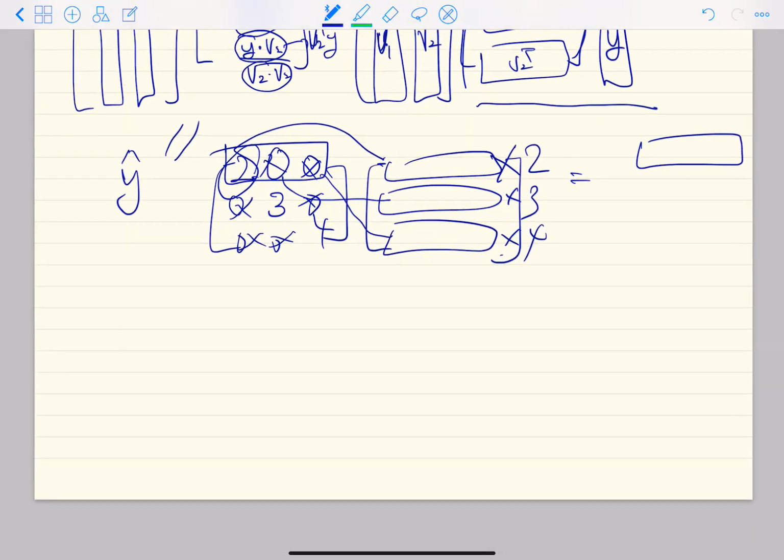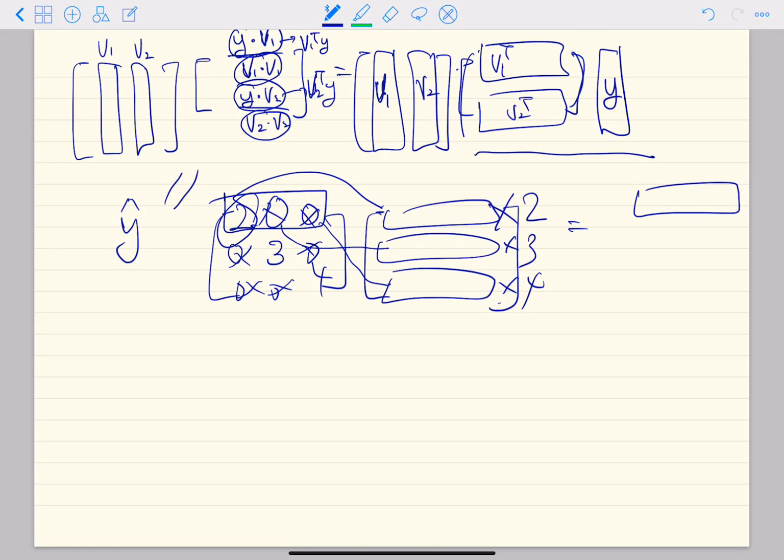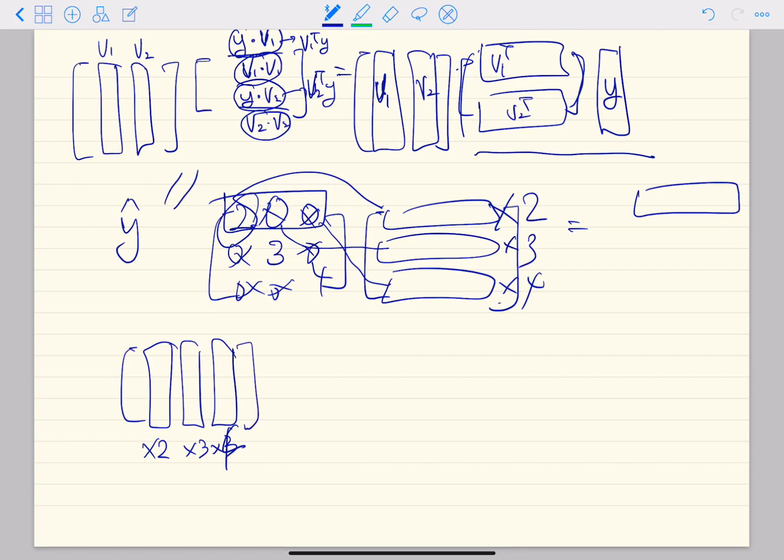And similarly, let's consider the column scaling. So we have some matrix that has 3 columns, and we want to scale this guy as maybe 2, 3, 4, okay, for the corresponding column. And in that case, similarly, we can multiply the diagonal matrix, but this time on the right, and 2, 3, 4, 0, 0, 0, and so on.